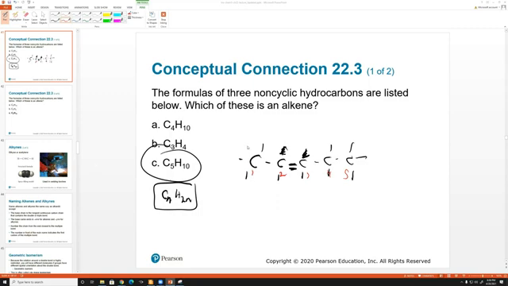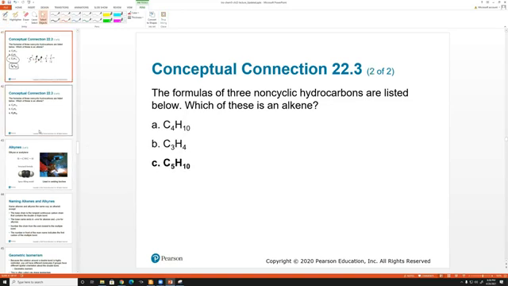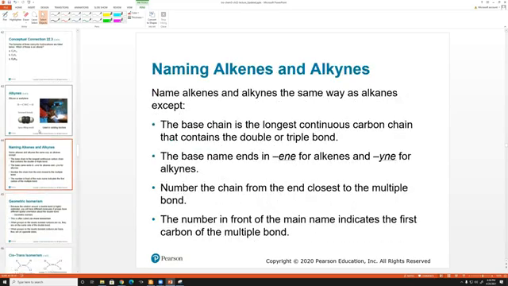Tariq, there also could be substituents here, but in this case we're talking about double or triple bonds. When there are multiple bonds, you start at the first carbon that is double bonded to the next carbon, from the shortest side.